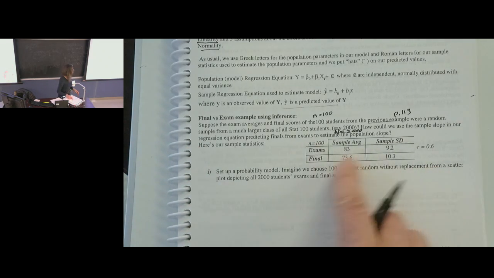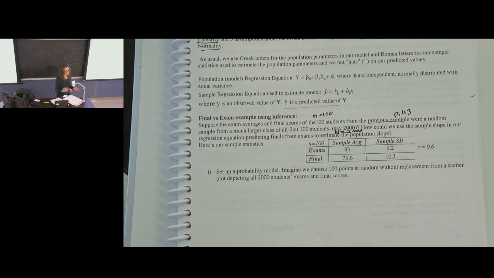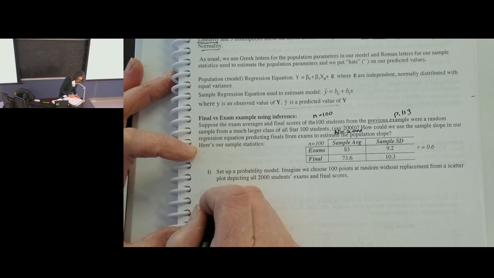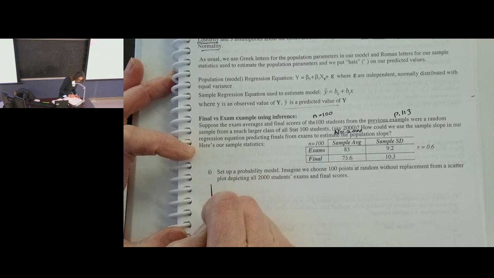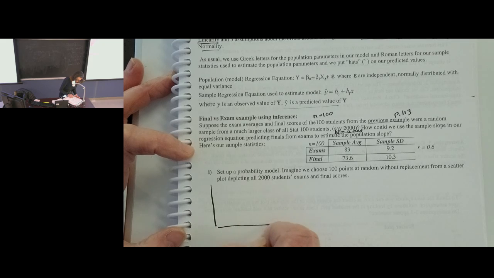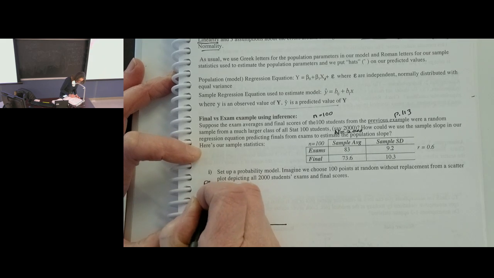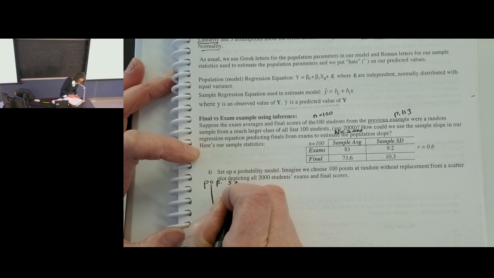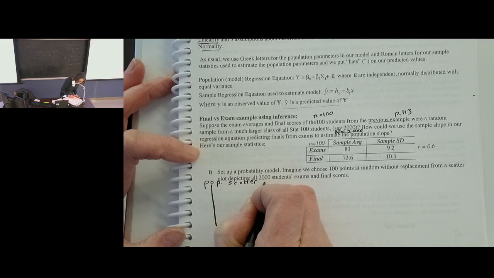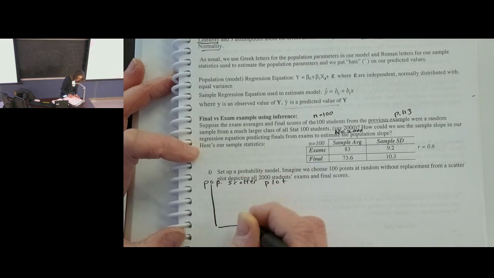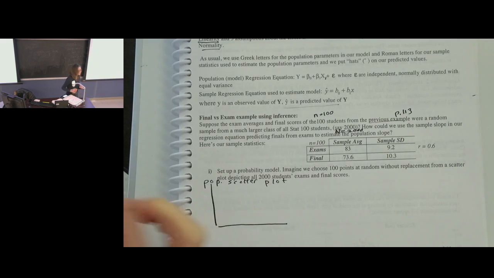So here are our sample statistics. Now we have to set up a box model, like we always do, a probability model, and imagine a much bigger population scatter plot. This is the whole population.